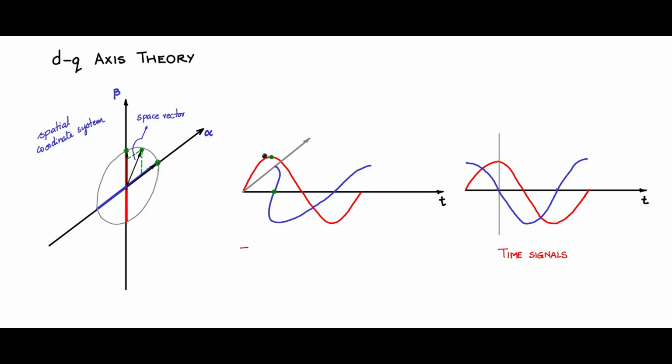And these time signals were then put into two different planes. The sine signal was put on the vertical plane and the cos signal was put on the horizontal plane. So here the time signals are represented in orthogonal planes.